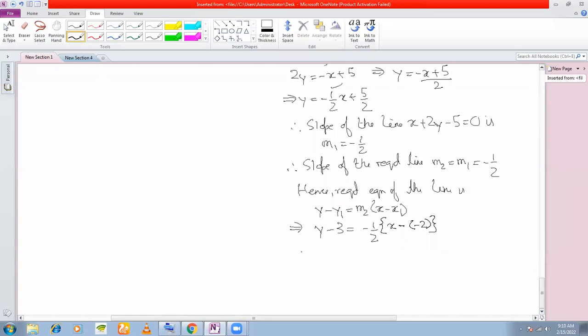Now we can write this in our standard form, in this general form, in fact. So we have minus half into x plus 2. Now you cross multiply, you get twice y minus 3 is equal to minus x plus 2.